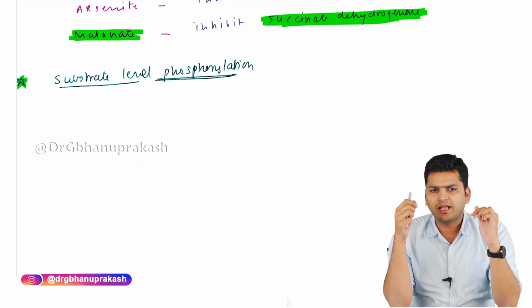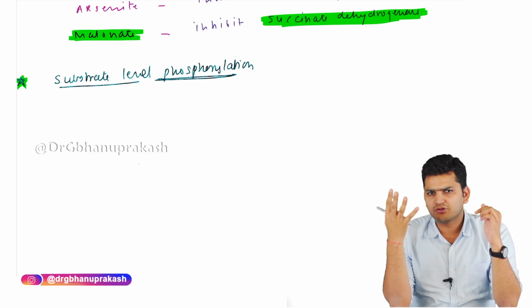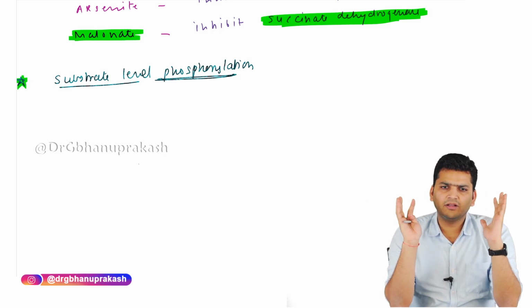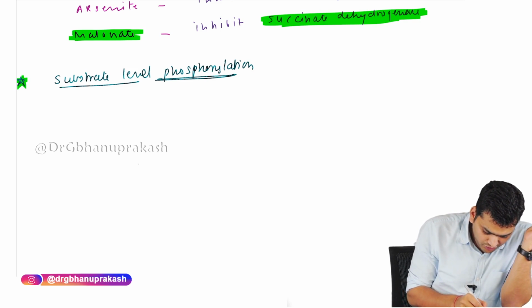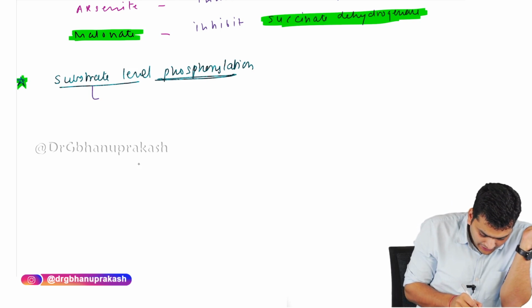We can generate energy in the form of NADH, FADH or ATP. If you are directly generating it in the form of ATP, that is called SLP. That is going to occur only once in the Krebs cycle.